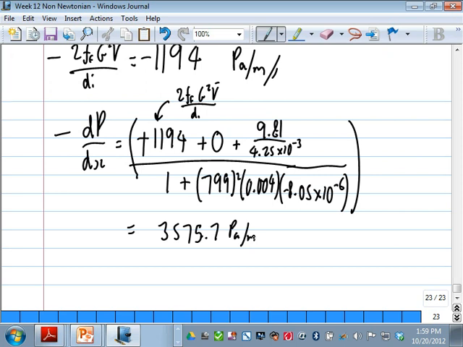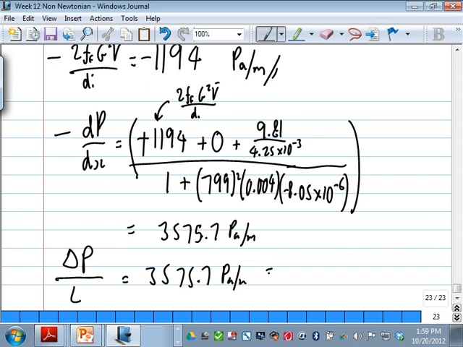Last comment here. For pressure, it says it's a 2-meter pipe. If you assume like this, delta P over L is equal to 3575.7 Pascal, we will get delta P is equal to, what's this times 2? It's a 2-meter pipe, isn't it?